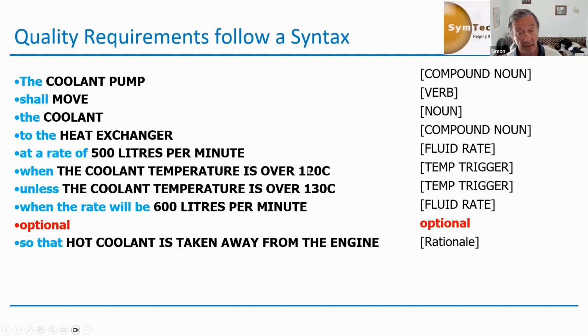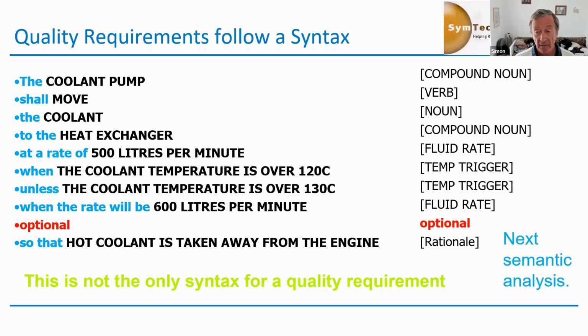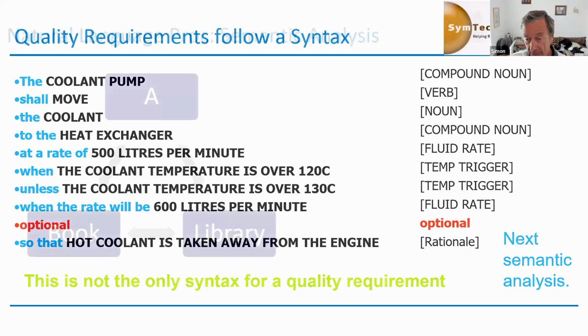Different content, different content, different triggers, but the same syntax is used. And this is important. Now, as I said, it's not the only syntax for a quality requirement. There are others. I think EARS goes into it quite a lot, but I'm just going to analyze this particular one. So once we've got our syntax analysis, how do we do semantic analysis?